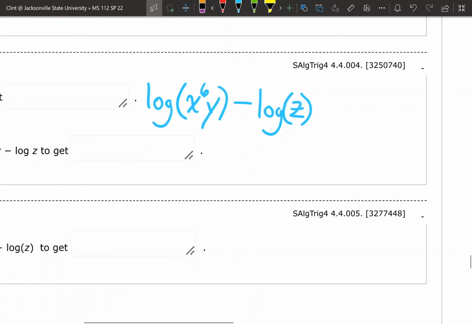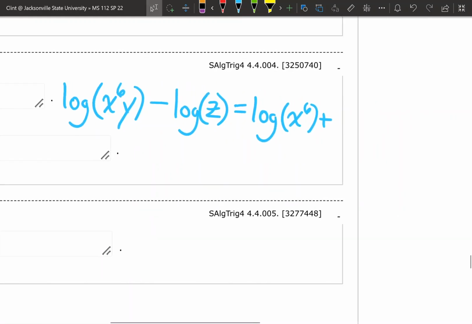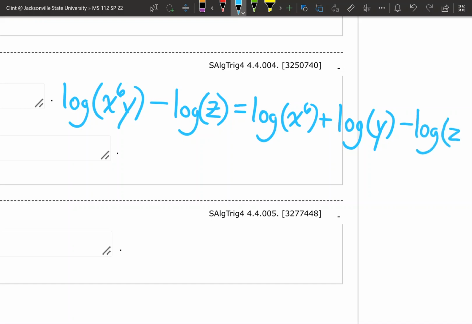And then our first one there, that log of x to the 6th times y, we can split that part up. That time it's x to the 6th times y. So that'll give us log of x to the 6th plus log of y, because it was multiplication, and then we still got the minus log of z.